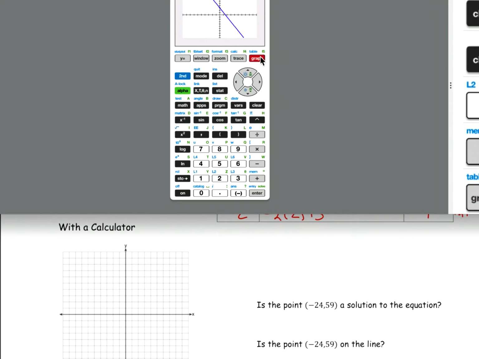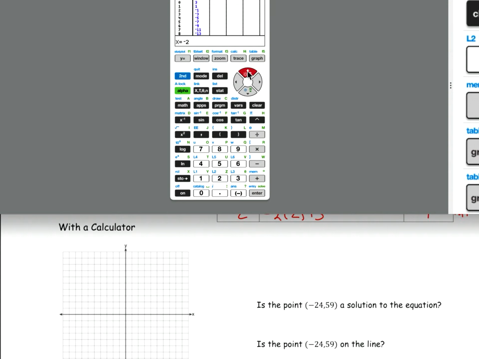There's our graph. It looks exactly the same. But how am I going to use this to show my work to graph this line on a piece of paper? Well, if you press second graph, second is blue, so it brings up the blue command, which is going to be table. And here it gives us the XY table.